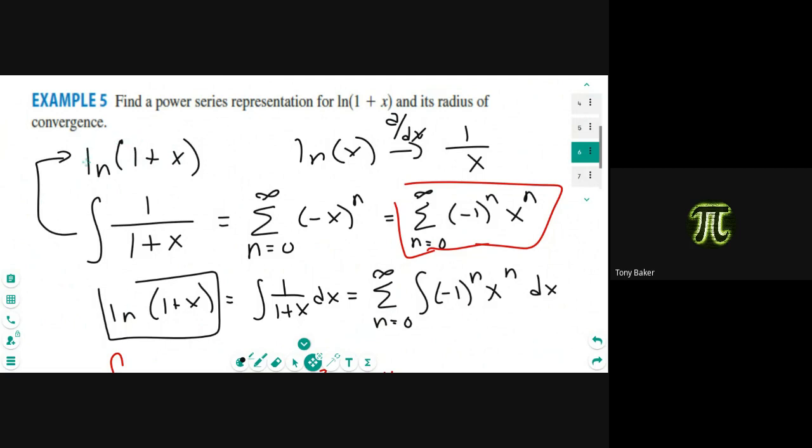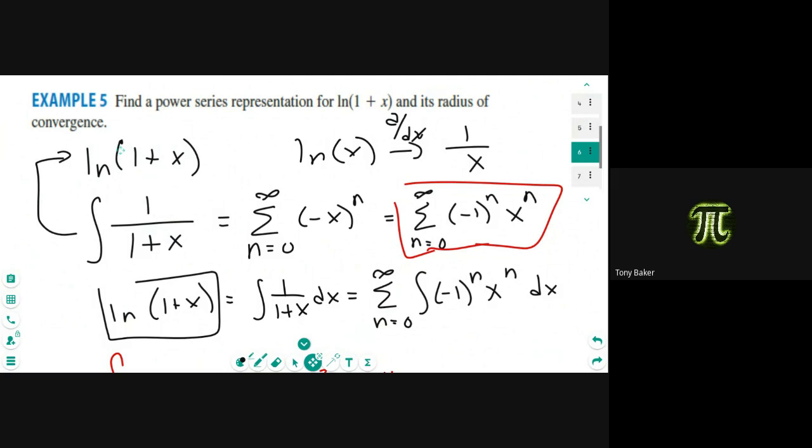And what the book said, and I knew you guys wouldn't have recognized this off the top of your head, that's why I asked, is that the derivative of this gives you this. Most of you probably wouldn't have just recognized that. So that's why I asked, what's the derivative of it?